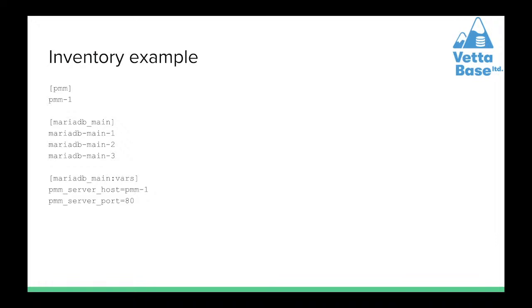This is not the most common place to define variables, but I think it is a good idea to define certain types of variables here. Particularly variables that are server names, server addresses, ports, because these things are very, very related to an inventory of servers.